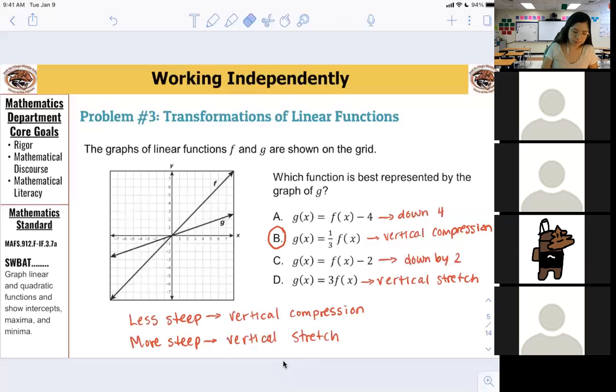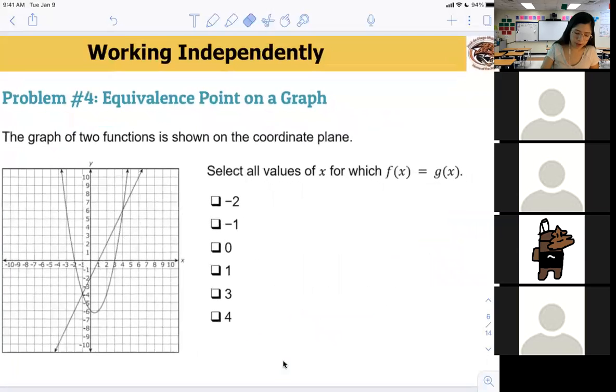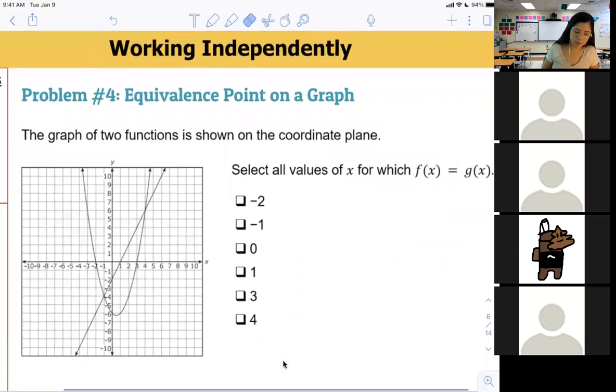All right, cool. Number 4, equivalence point. Select all the values of x for which f of x equals g of x. So where are we looking here? Where they meet up. Good, we're looking at where they meet up. So I'm seeing right here and then down there. And importantly, we can look at the coordinate point. So for example, this is 4, 6.